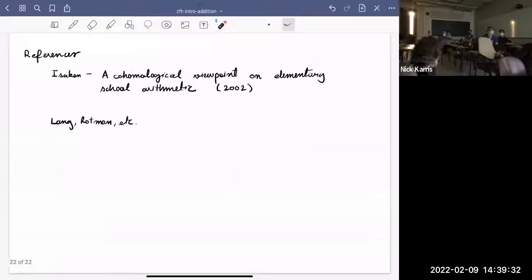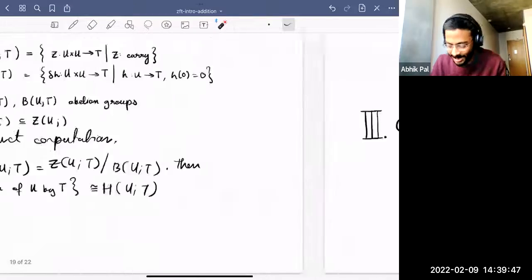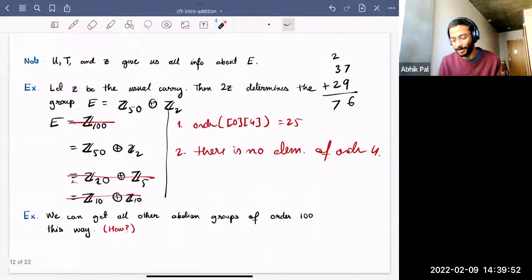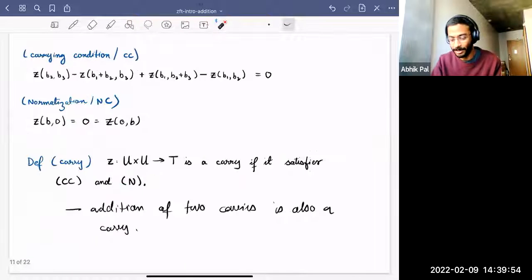Usually the way I've seen group cohomology, you don't include those normalization conditions, but I guess it's fine if you do; it doesn't really change the result. In this exposition, I wanted 0 to go to 0, because that gives us the identity later on. This normalization condition ensures that when we make a group out of the set of symbols A comma B, I in fact have an identity in that group.